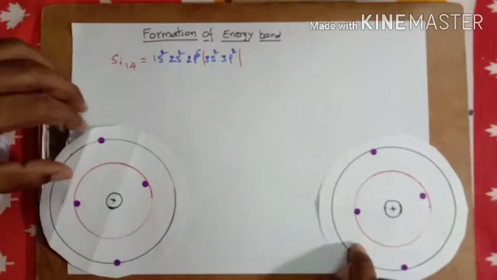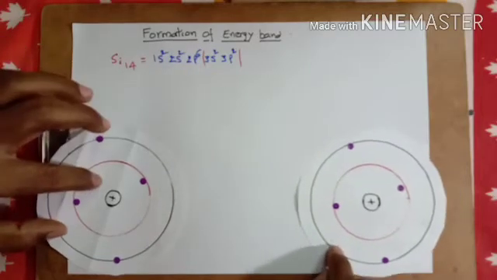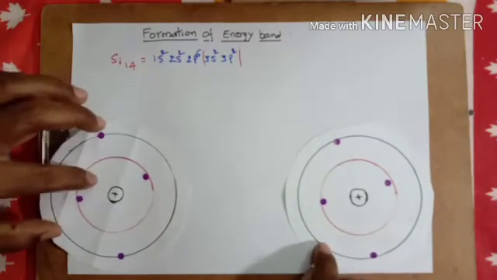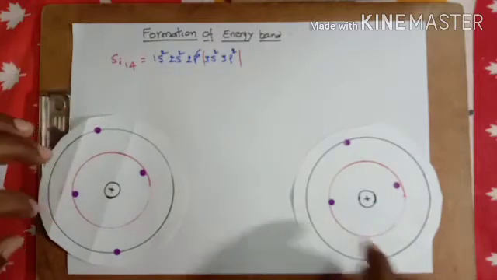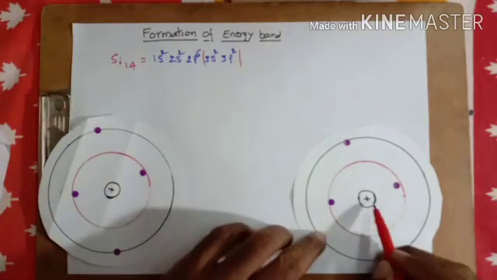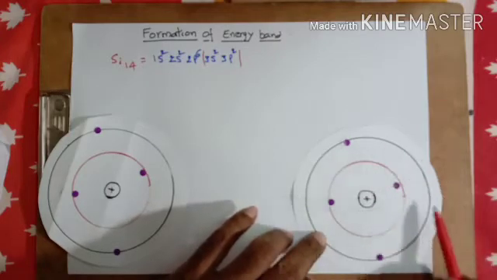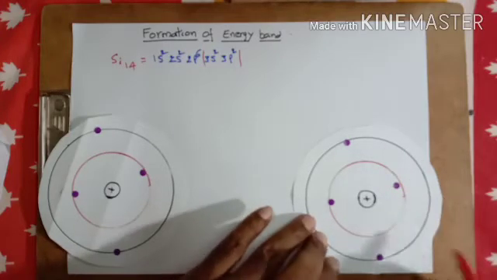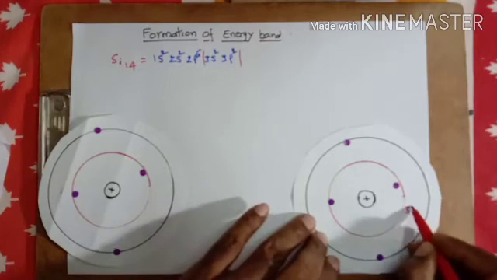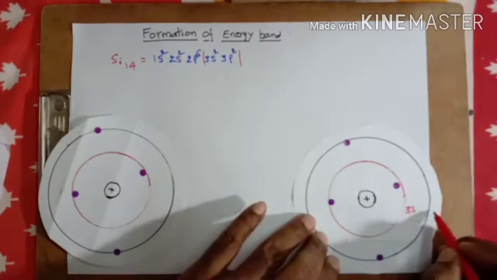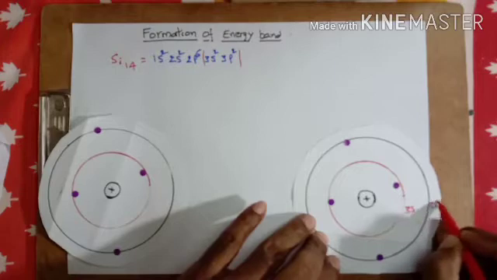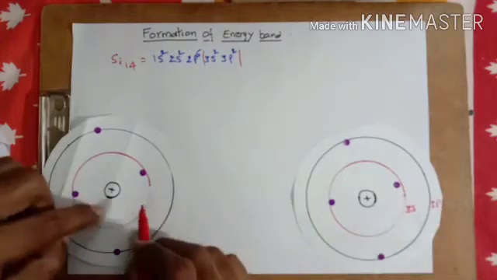I have taken some pictures here. This is one silicon atom, and we have a nucleus, positive charge. I have just drawn the outermost orbit shells. So this is the 3s shell and this is 3p, and I've taken two atoms.